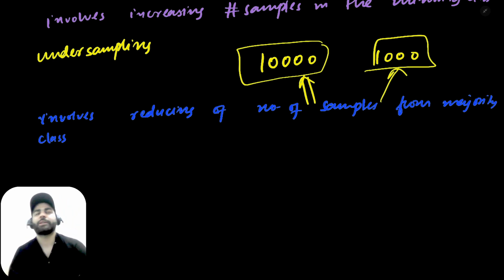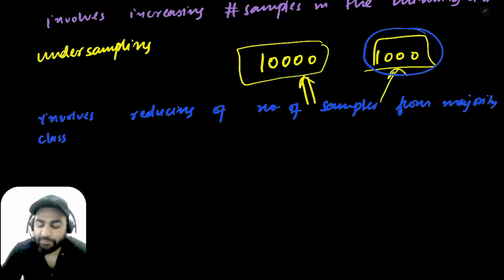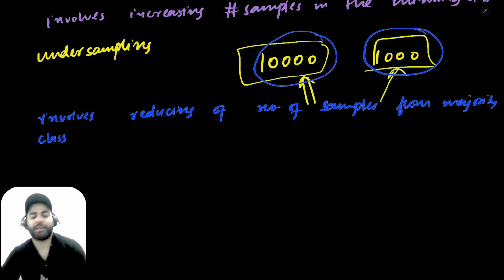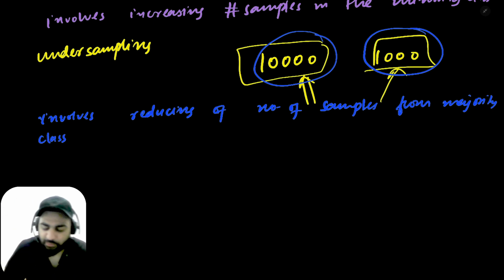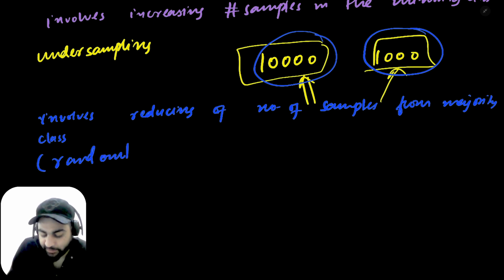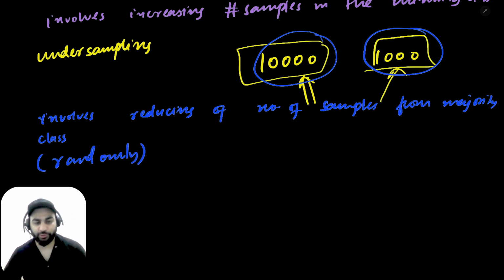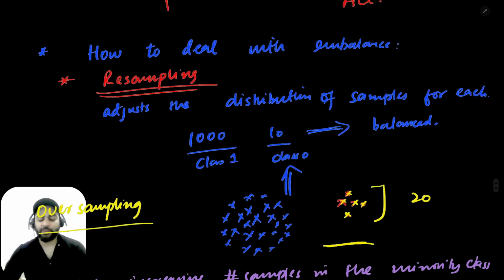If you have, let's suppose, more samples over here, you will just take these 1,000 and maybe you will take some 1,100 samples from here, and you will take these samples randomly. Most of the time you take them randomly. So undersampling involves reducing the number of samples from the majority class so as to balance the class distribution. I'll just write it so that you'll write it in the notes: we usually take it randomly to preserve the distribution.